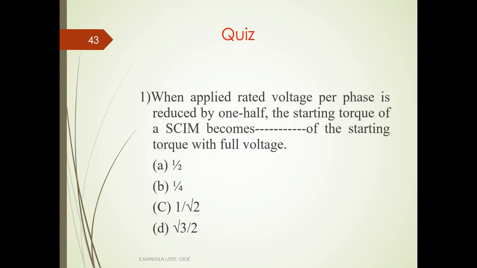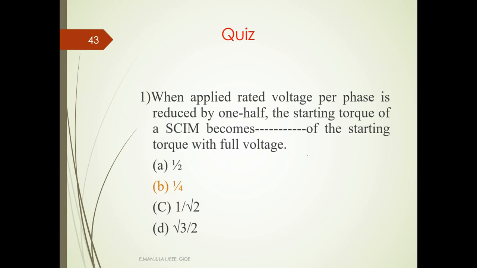Now the quiz point we will see. When the applied rated voltage per phase is reduced to half, the starting torque of a squirrel cage induction motor becomes dash of the starting torque with full voltage. So what is the answer?